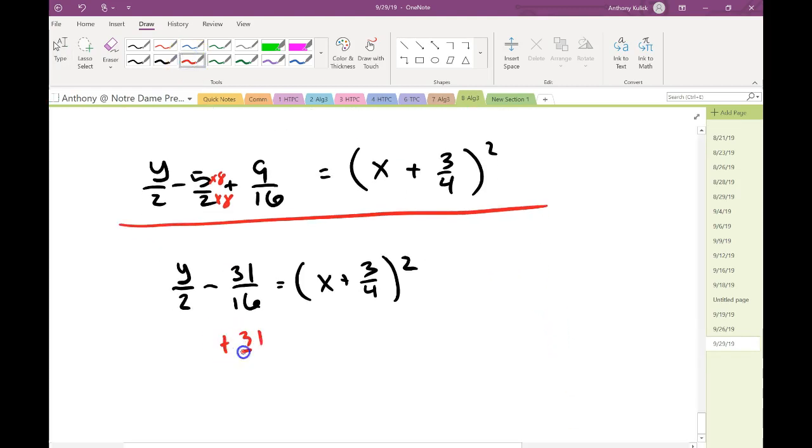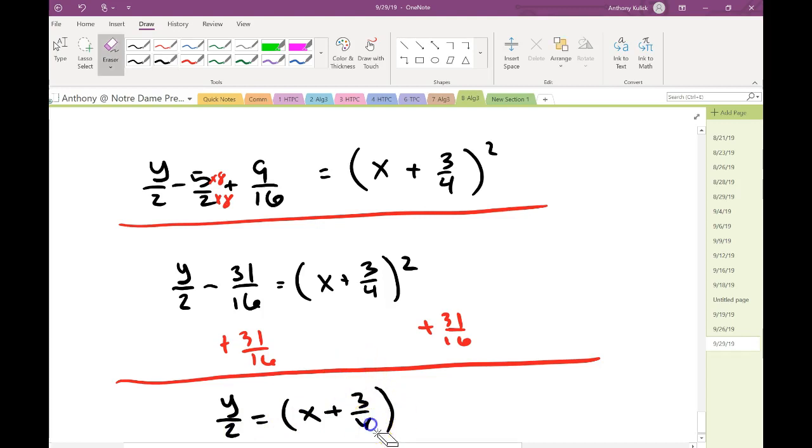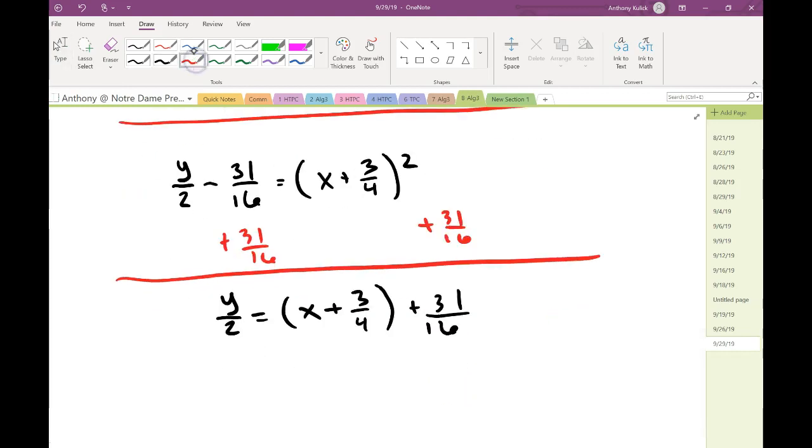So we'll then add 31 over 16 to both sides. And then multiply both sides by 2.